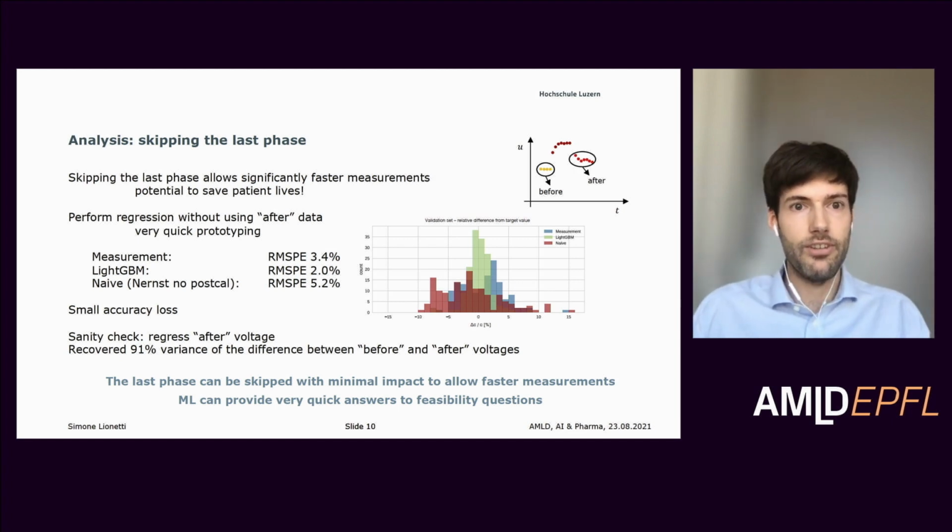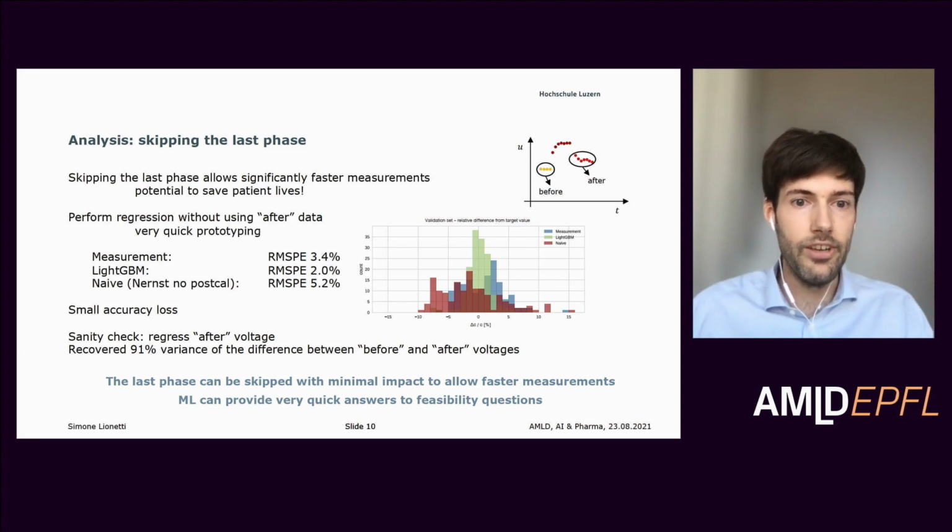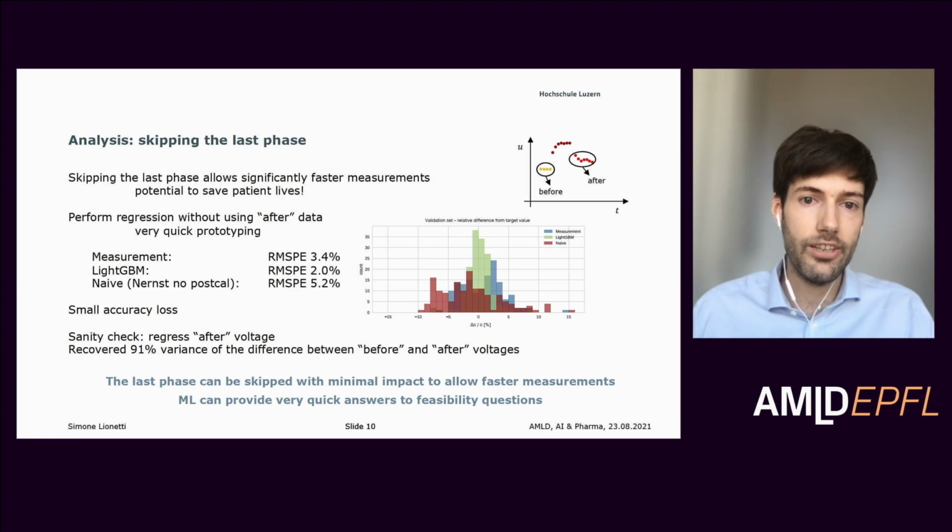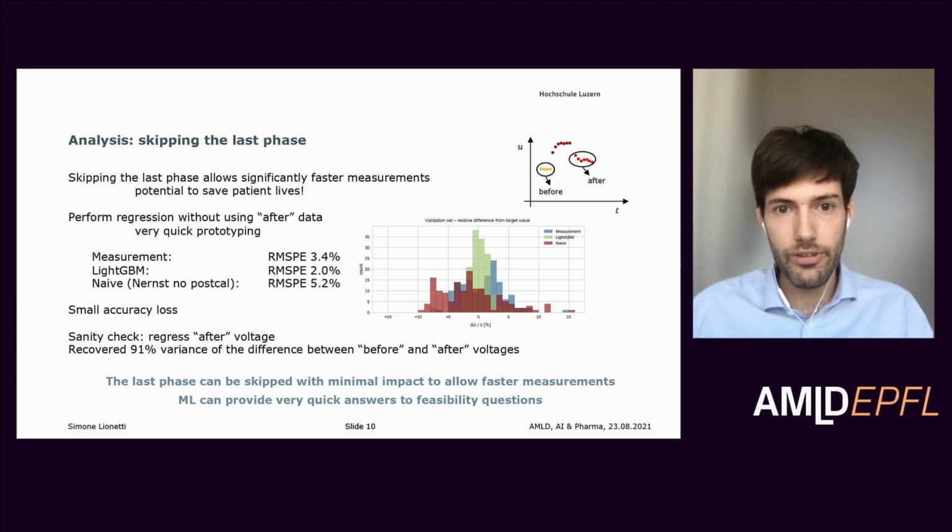And this is an instrument that is used in intensive care and emergency units. So actually we want it to be as fast as possible. So luckily, machine learning provides us with the tools to do a feasibility study extremely fast. All we need to do is to remove the data from after the measurement and try to perform our regression again.